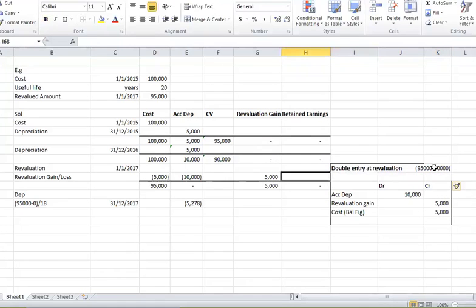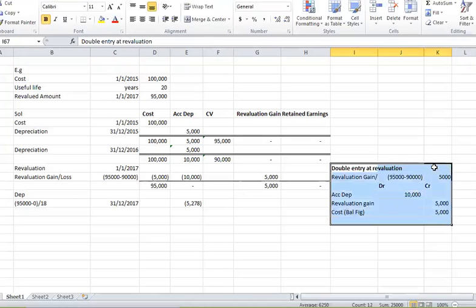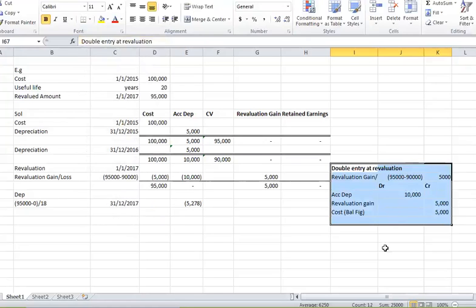We can write down over here. So step number 1 is we need to calculate revaluation gain or loss. We have calculated it, and it is £5,000.